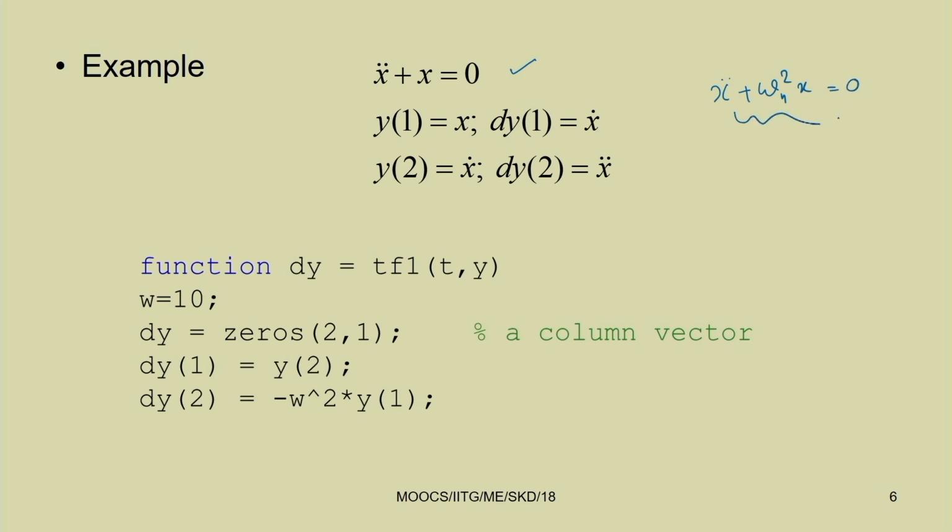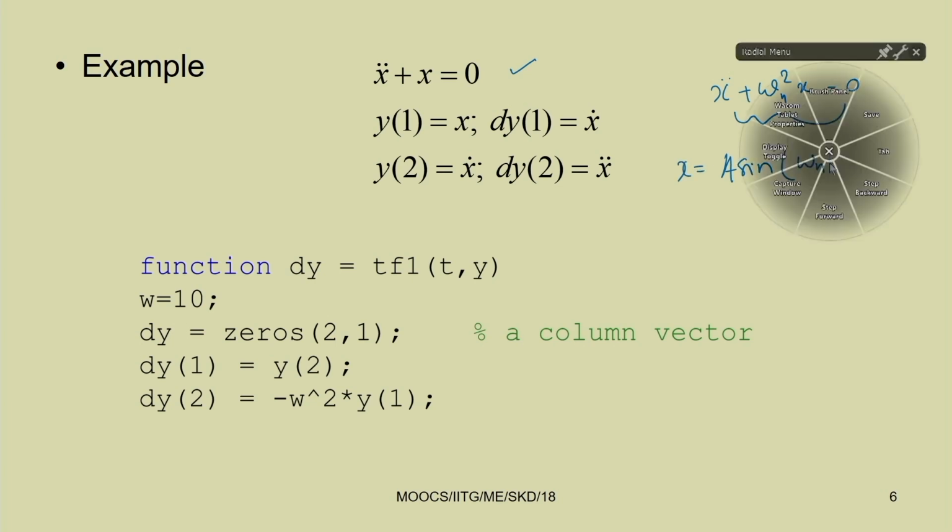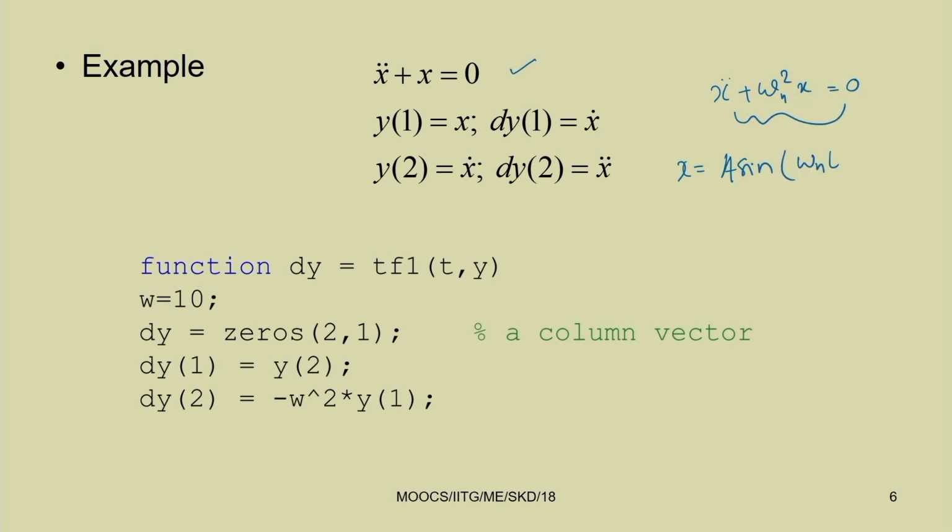This is the equation of a spring mass system, where omega n equals root over k by m. Its solution you already know: x equals A sin(omega n t plus phi).